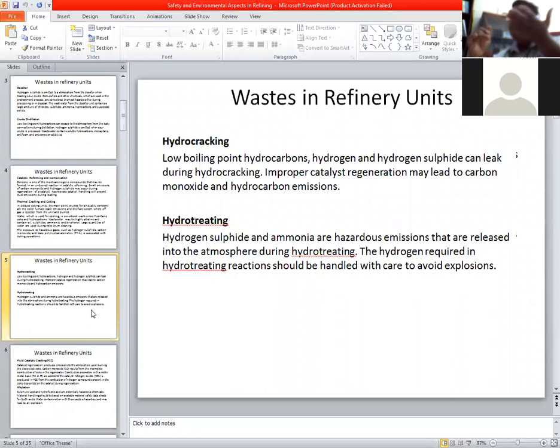Very easily they become gas or vapor phase. So they can escape to the environment. A lot of volatile organic compounds. So again, this is the pollution. What I intend to tell is that in every unit there are issues related to the environment.